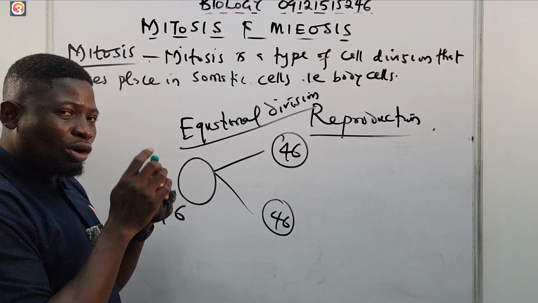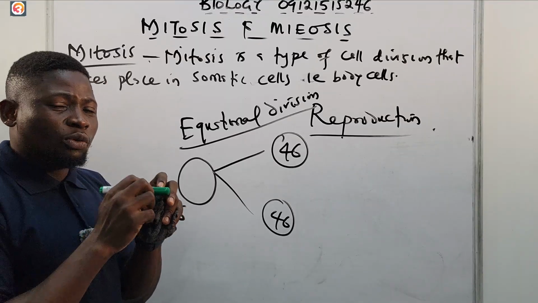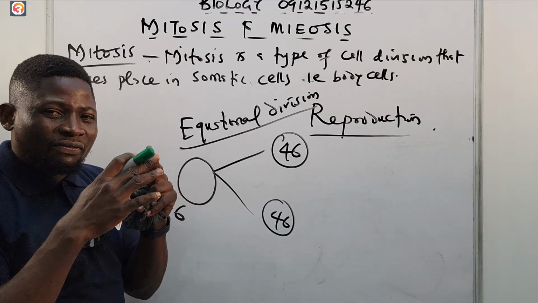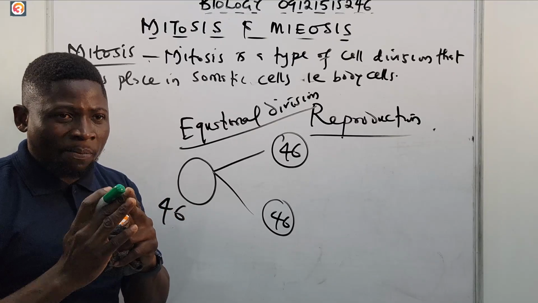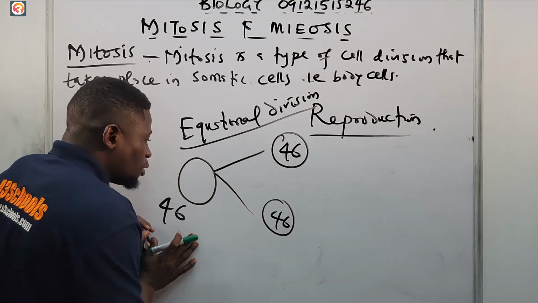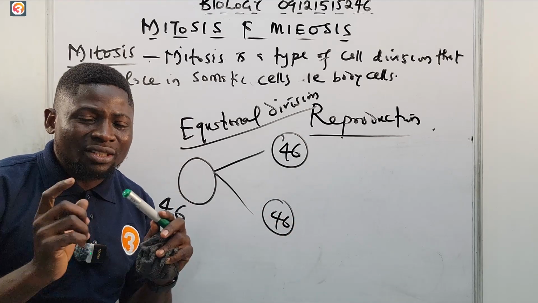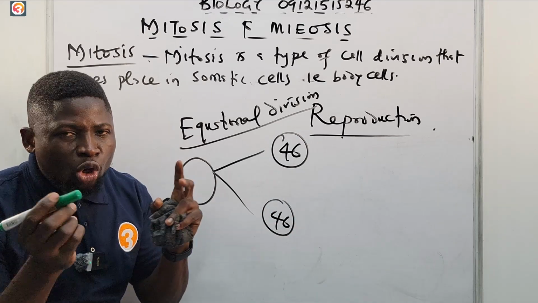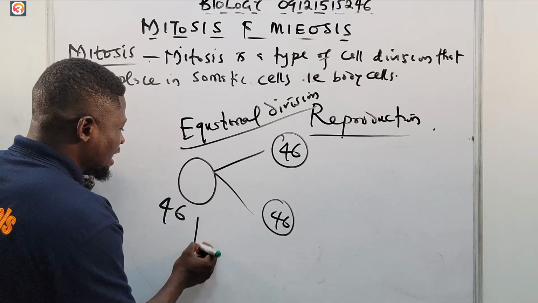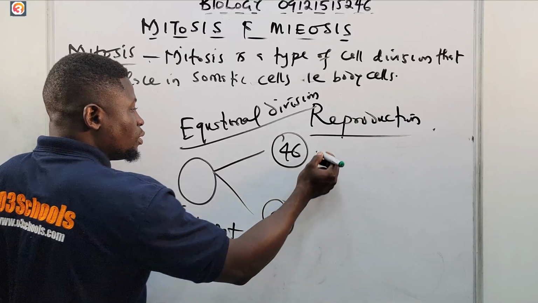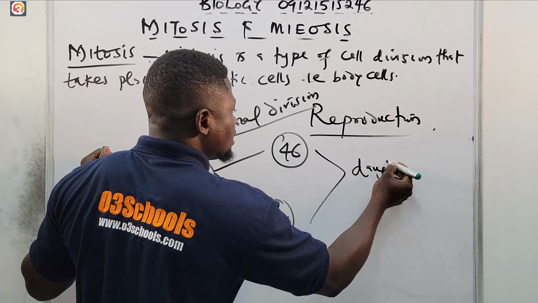If the parent cell has 46 chromosomes, both daughter cells will each have 46 chromosomes.